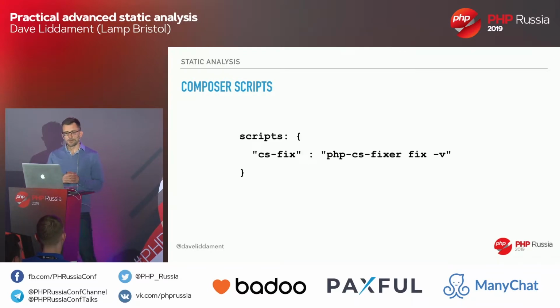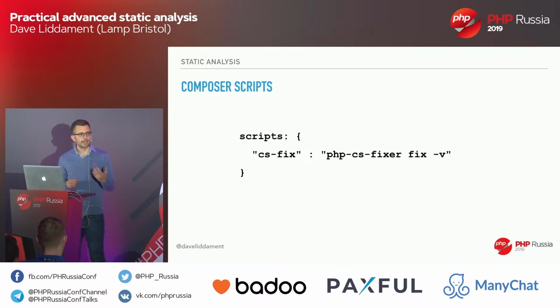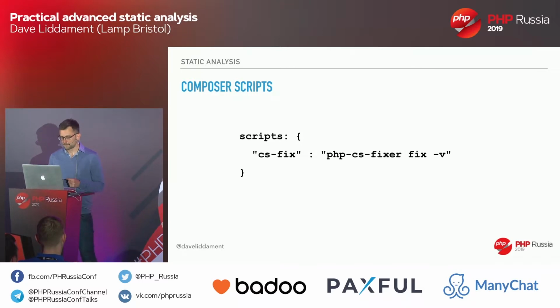The other script I'd recommend adding to your composer scripts section is CSFix, and that calls the coding standards fixer tools. This again means if you switch fixes or you add in new fixes, all you have to run is composer run-script CSFix. There are other ways, you could use a Phing script or a bash script to do this, but composer scripts is just one way of doing it.